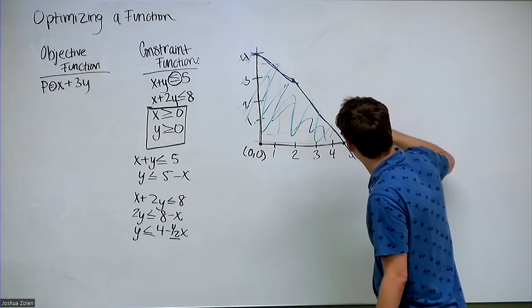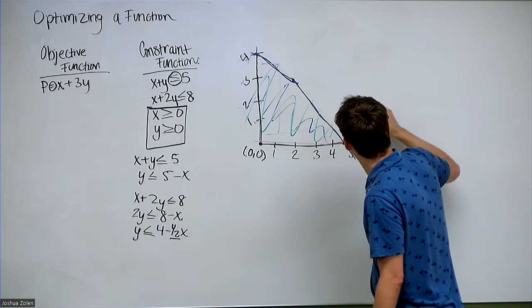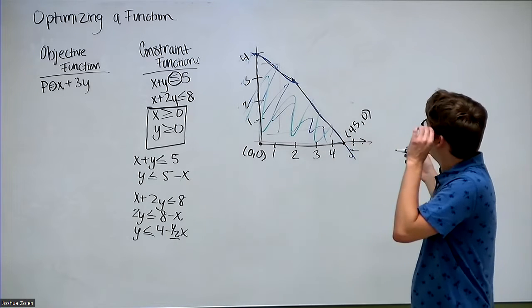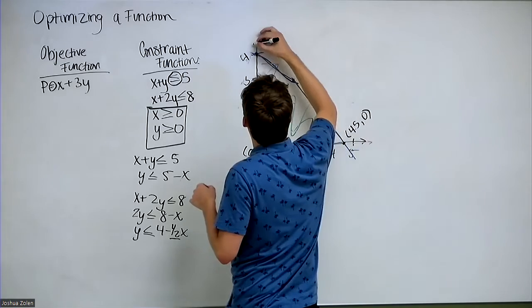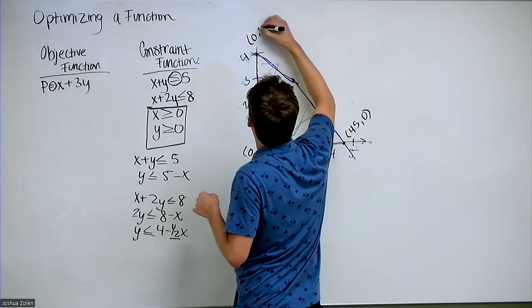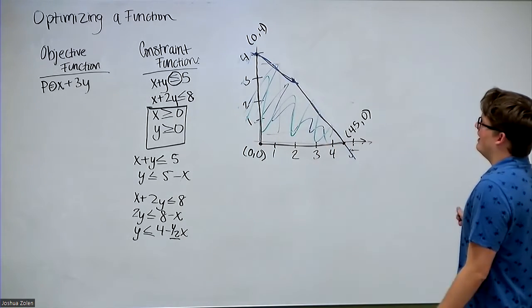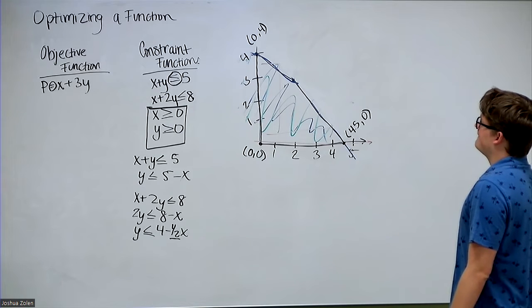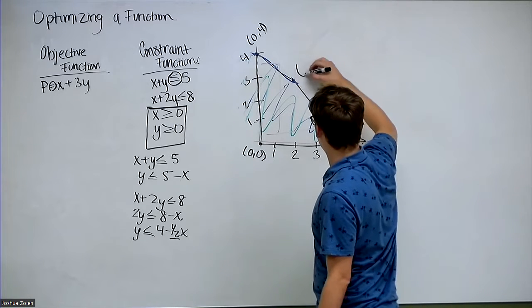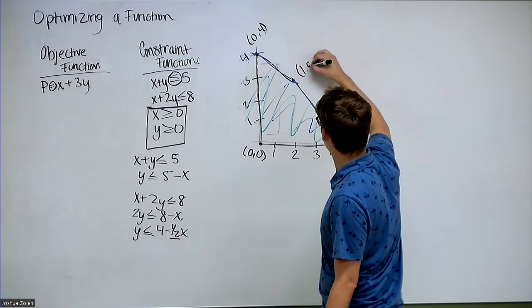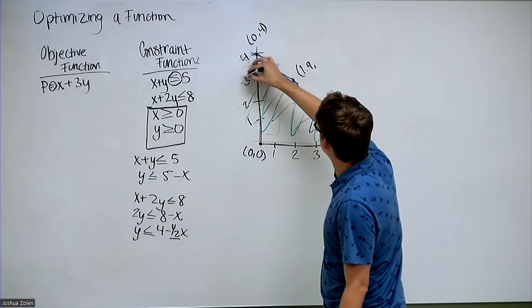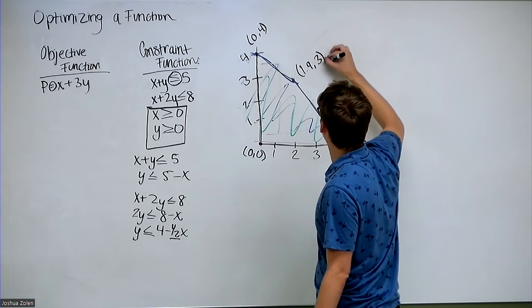We'll just say 4.5, y 0. This one right here, we have x is 0, y is 4. And then let's guess this one is about x is 1.9, y is 3.